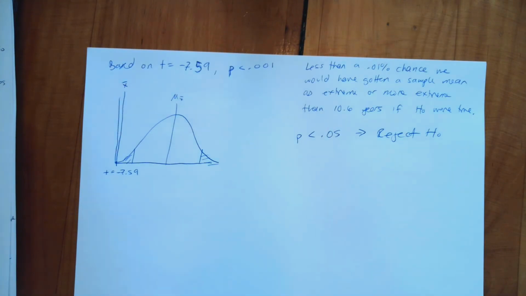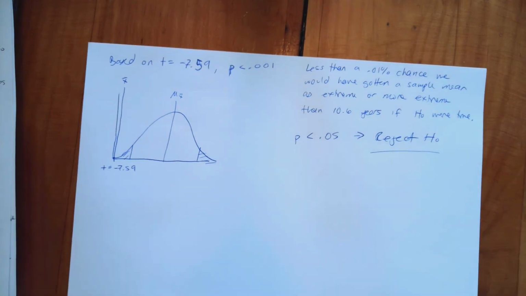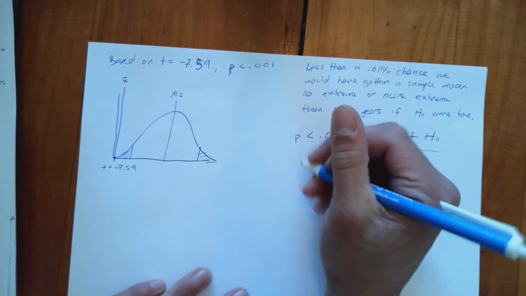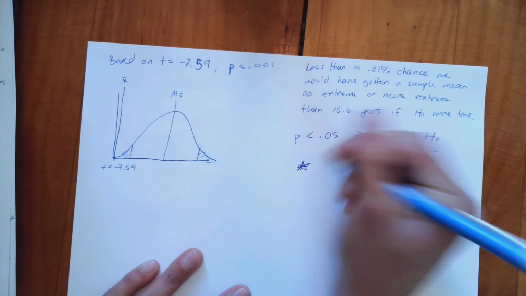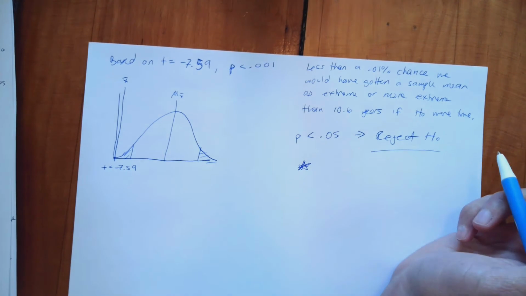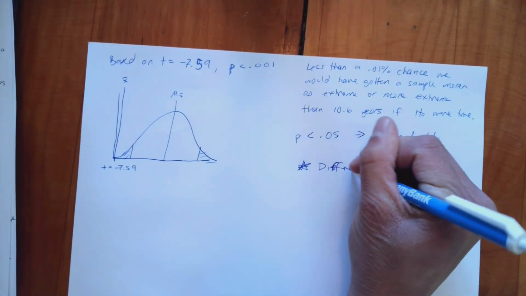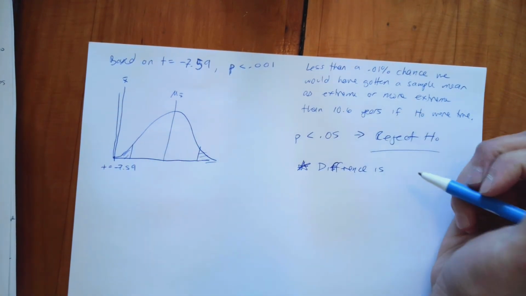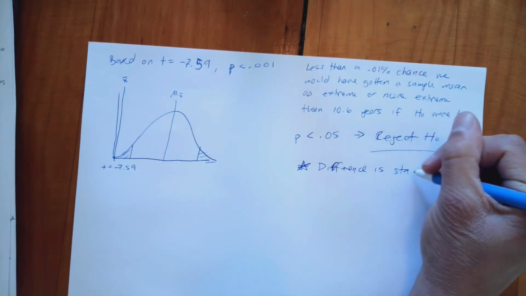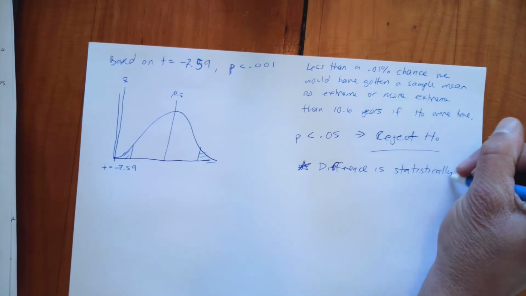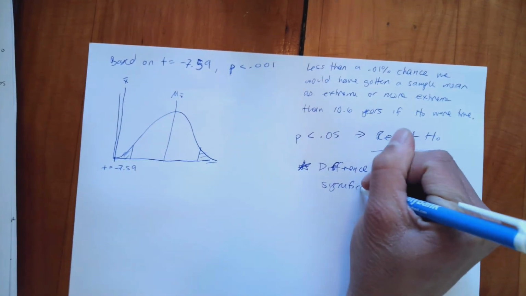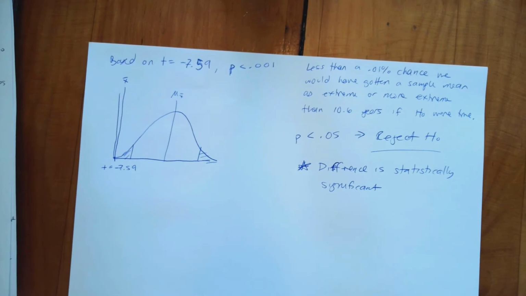It's so unlikely, it's way past our threshold for rejecting the null hypothesis, so we are going to reject the null hypothesis. Another way of saying this is that the difference between the sample mean we got and the population mean we were expecting is statistically significant. And so you see the term statistically significant all over the place, and this is what it actually means.